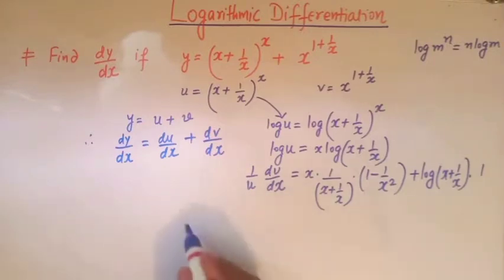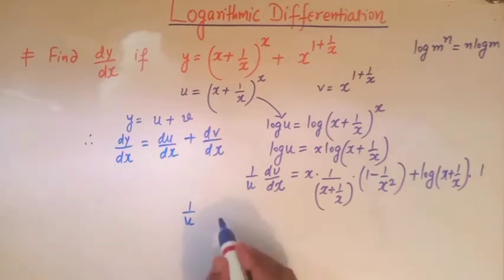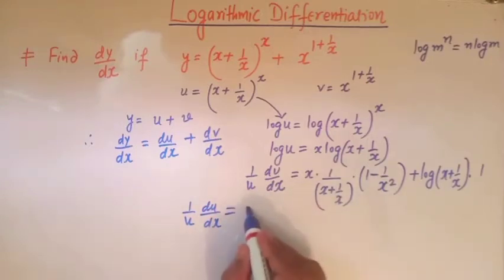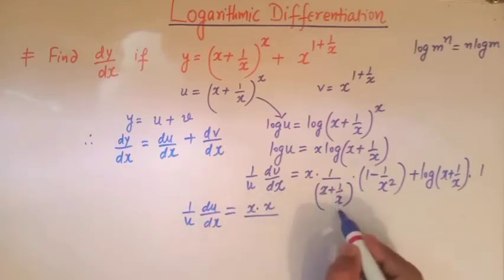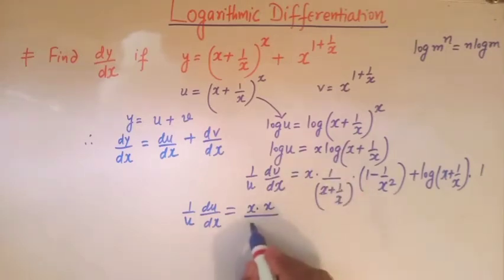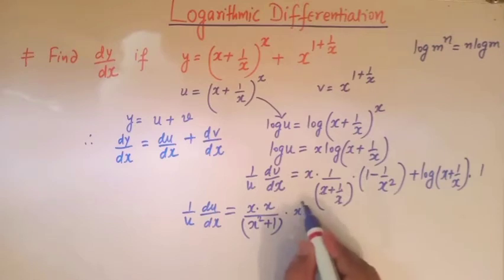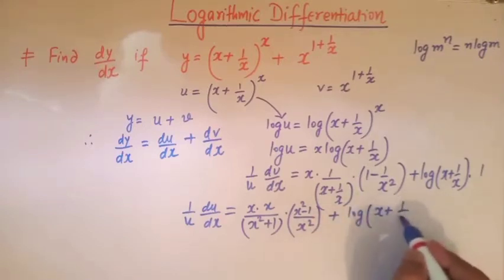Clear? Now if we simplify this expression, we have (1/u) du/dx is equal to x times (x² + 1)/x, hmm, this is x² + 1 in the denominator, and this x will go to the numerator. So we have x² + 1 here, and then (x² − 1)/x² plus log(x + 1/x), right?